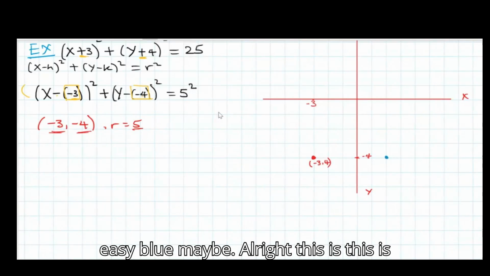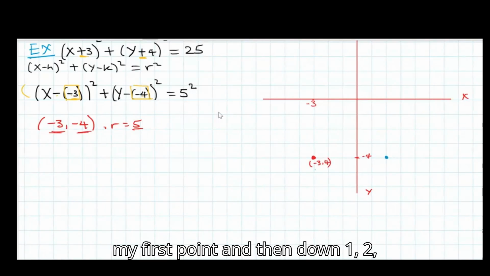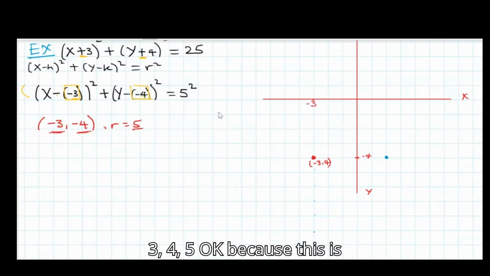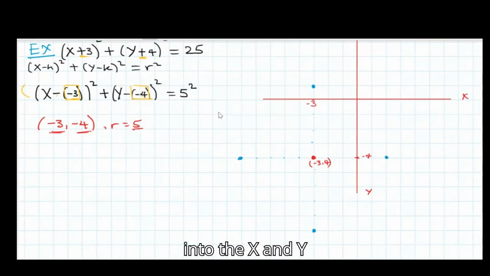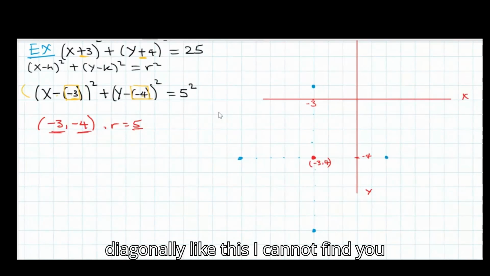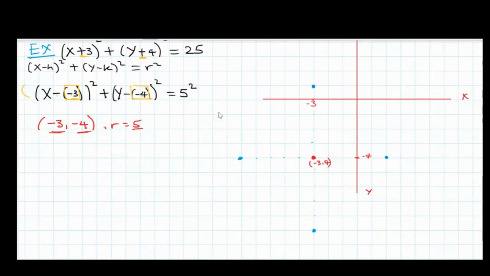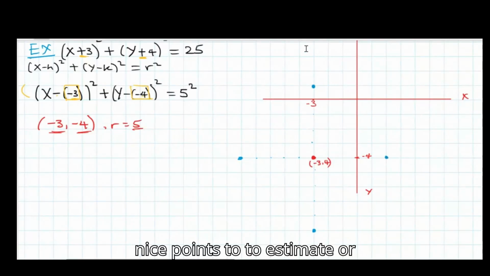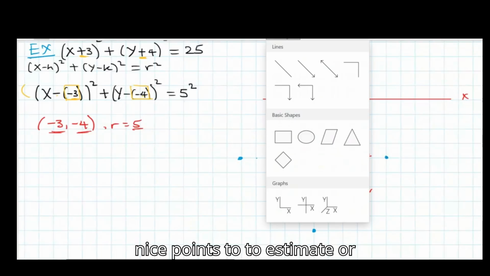This is my first point, and then down 1, 2, 3, 4, 5, because the radius is 5. I go along the x and y axes because it's hard to find 5 diagonally, so those are the nice points to sketch my circle.